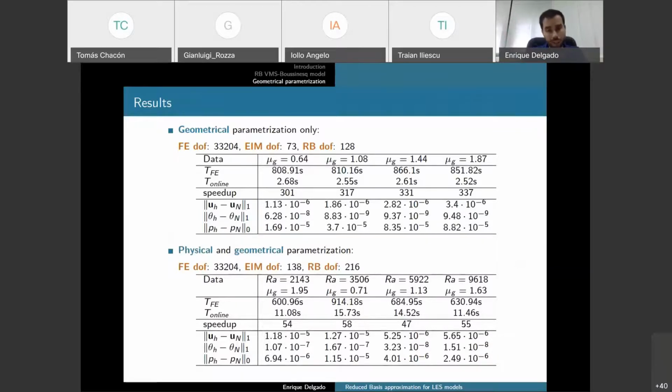But when we take a more complex problem and we consider both the physical and geometrical parameterization, the speed up is quite low. It's about 50 orders of magnitude.